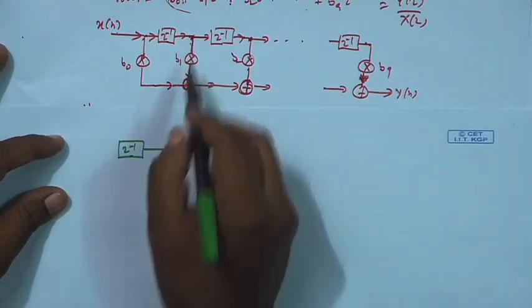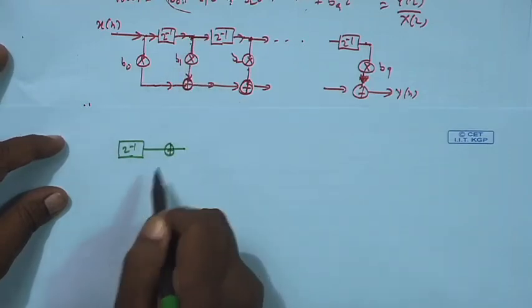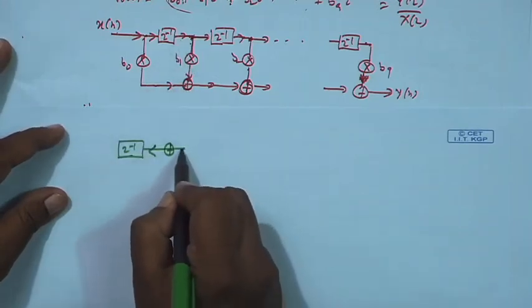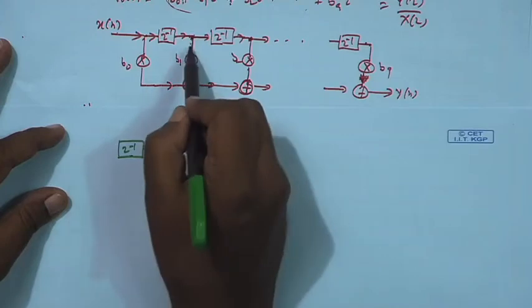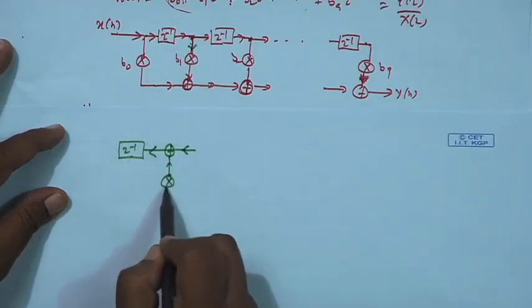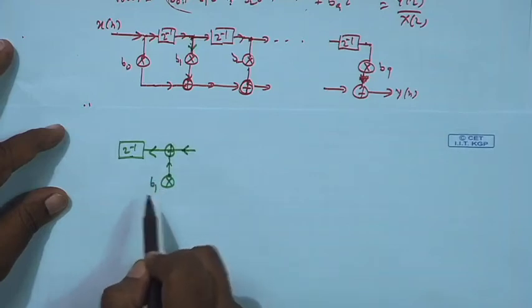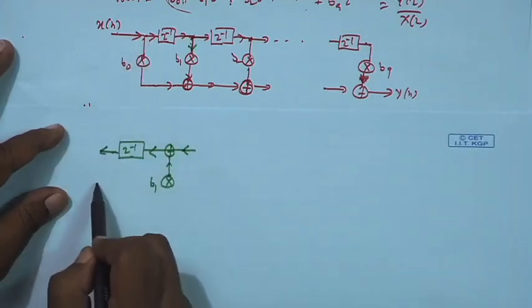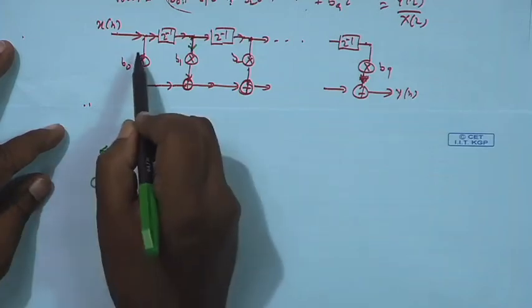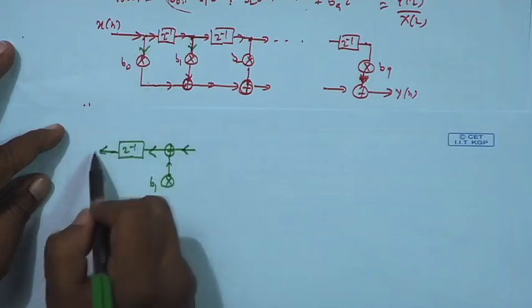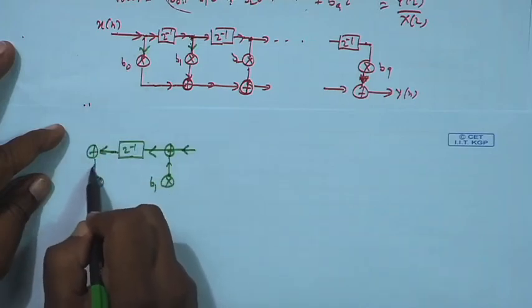There is a branching node here. So, branching node becomes adder, as I told you, and these arrows get reversed. Arrow is earlier in this direction, now it will go up. Otherwise, multiplier remains as it is, B1. Then again the arrow gets reversed. Earlier it was in this direction, now it will change, and this is again a branching point. So, there will be an adder.